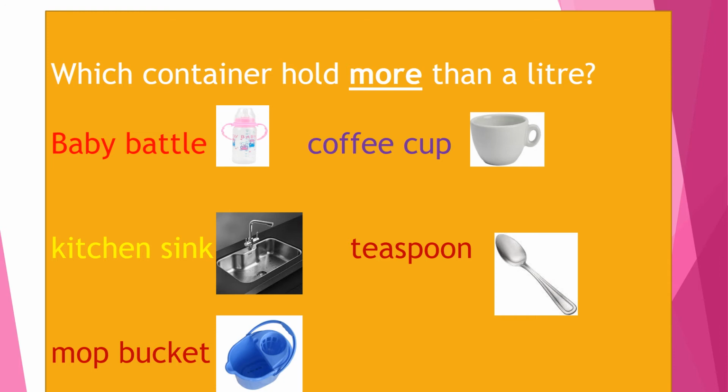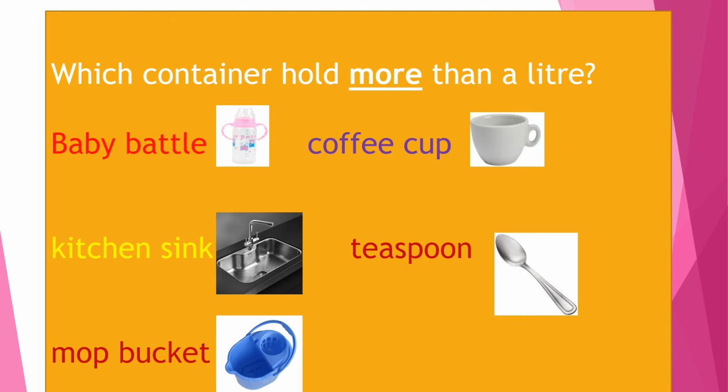What is your answer and why? I don't think it's up to a liter, because how many cups of liquid make 1 liter? 4 cups, and the baby bottle looks small. So this is not up to a liter.